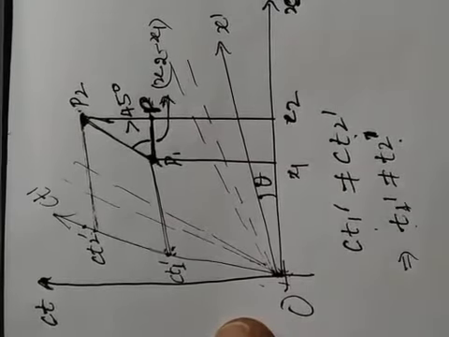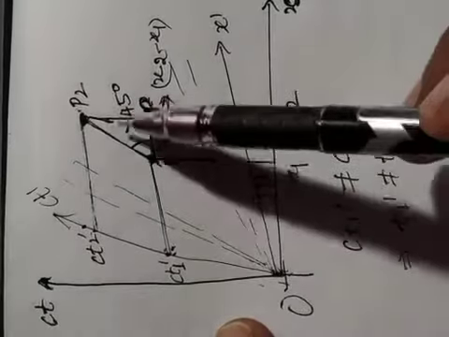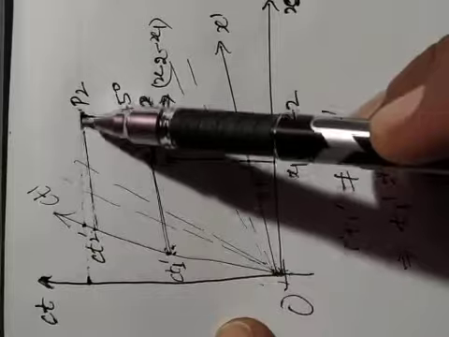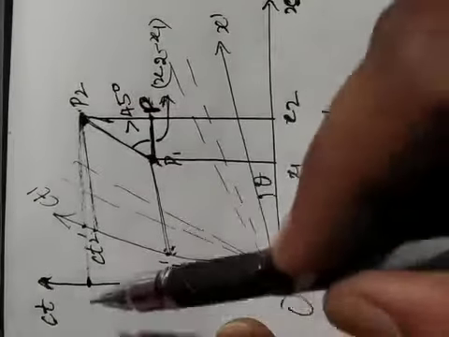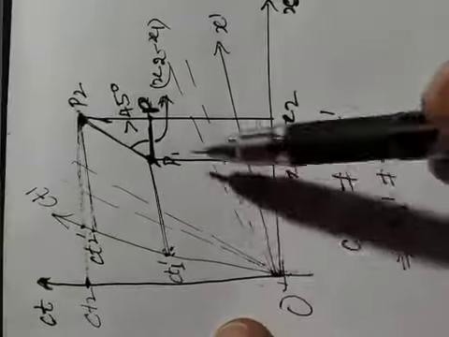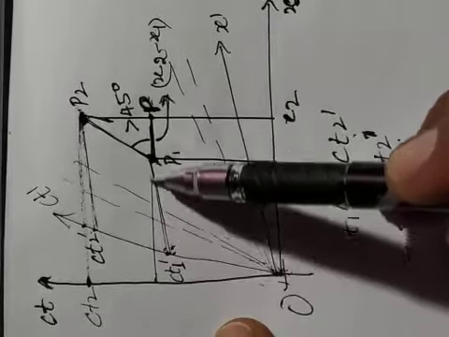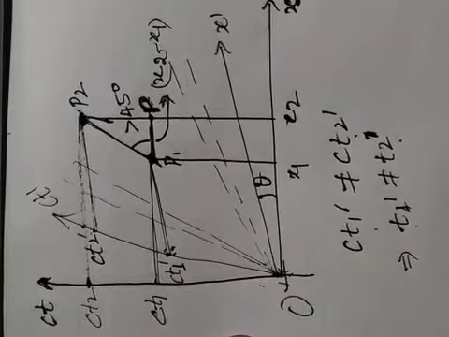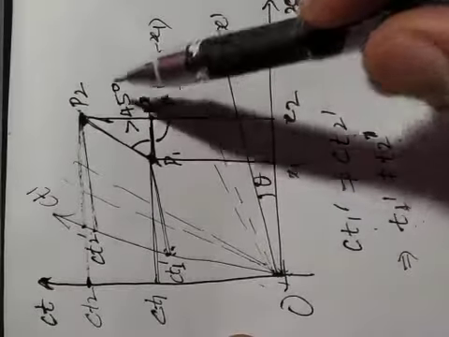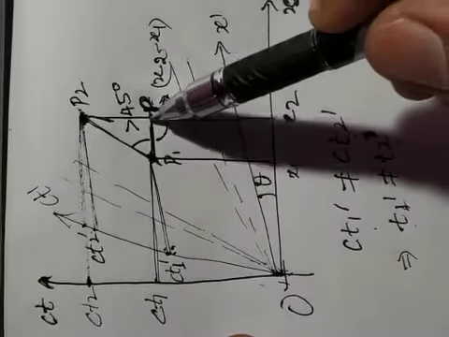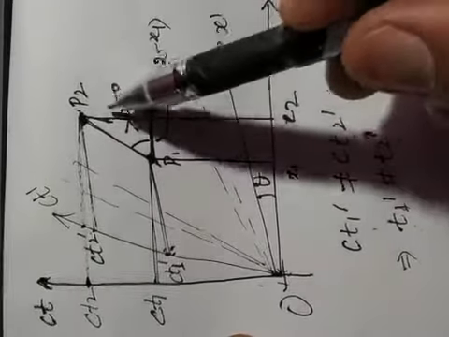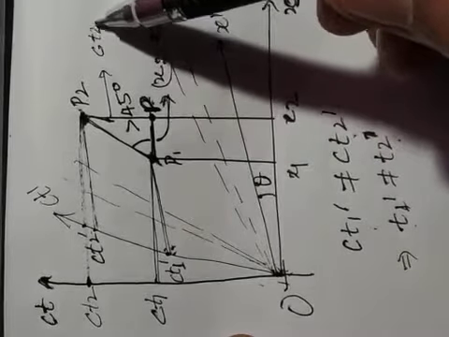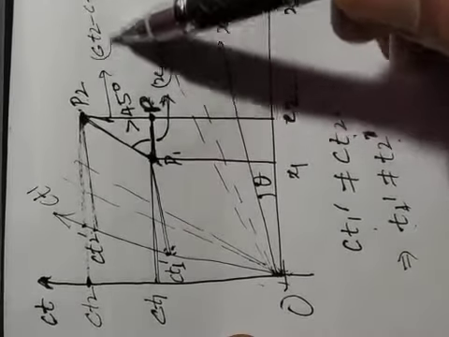Draw a perpendicular from here; this is my CT2, and draw a perpendicular line from P1; this is my CT1. So the distance between point P and P2 is CT2 minus CT1.